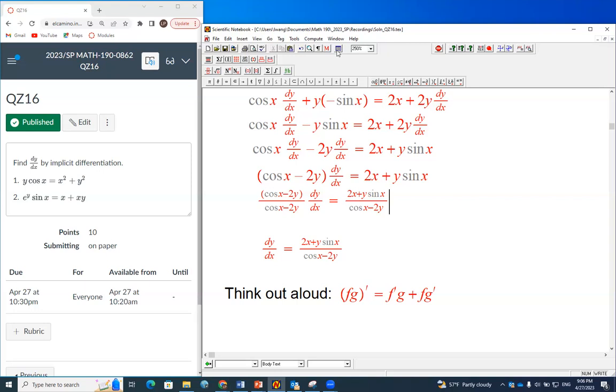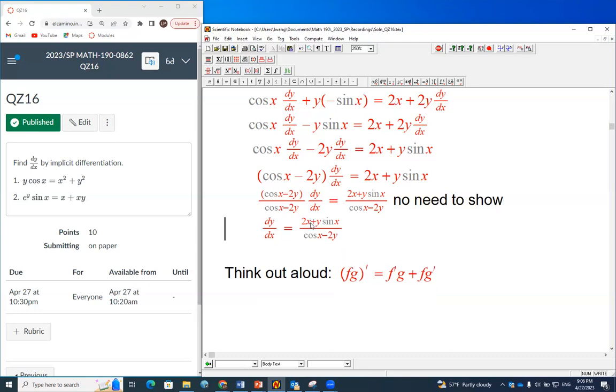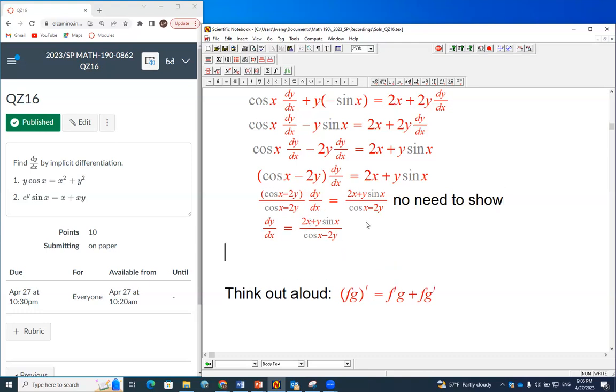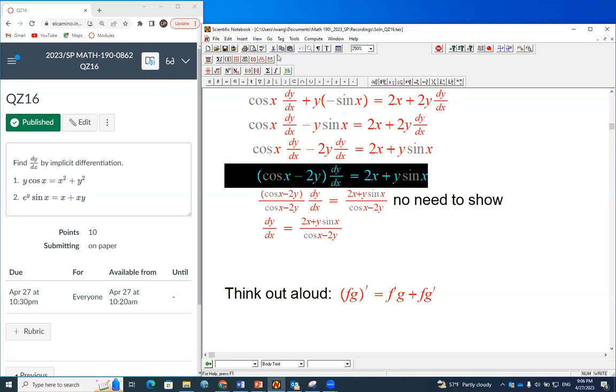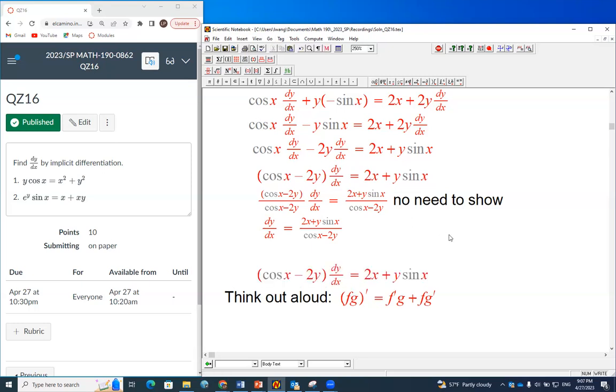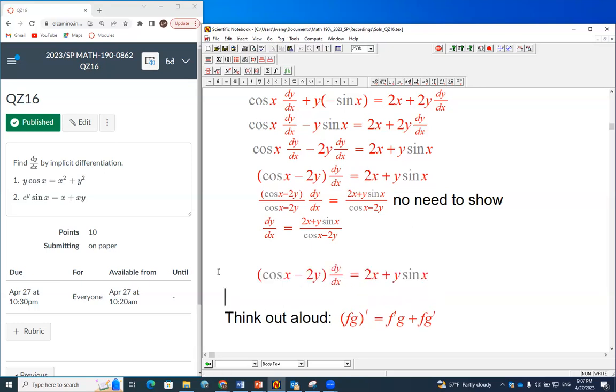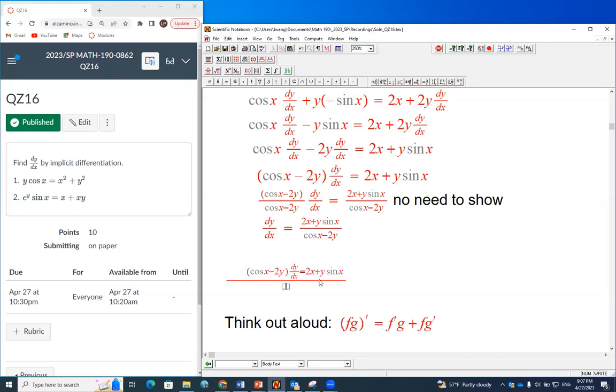No need to show. But I saw this. No need to show this piece. Cut it out. When you get to this point, some people show it this way.